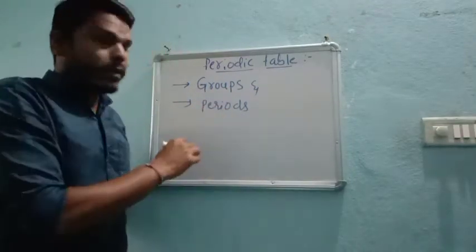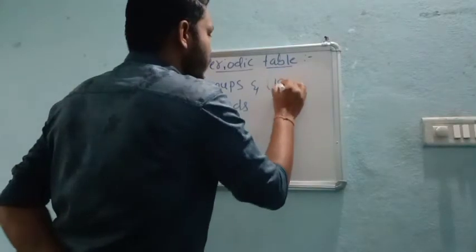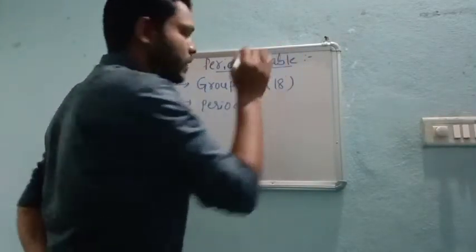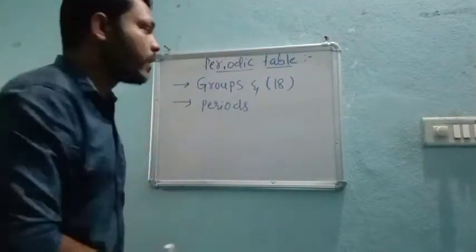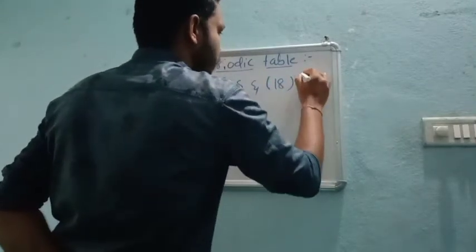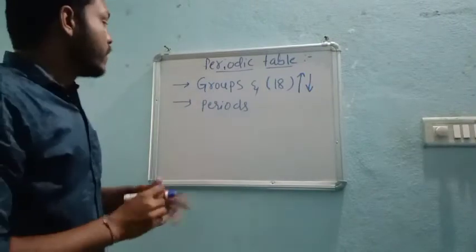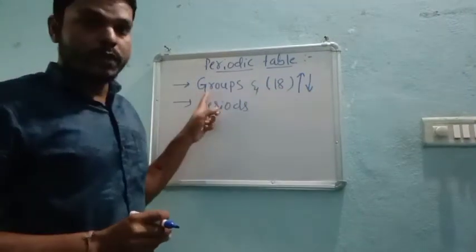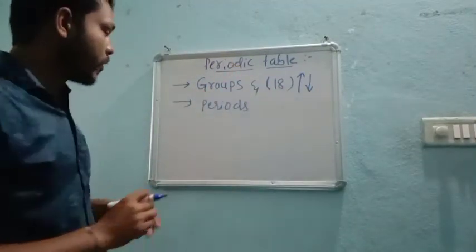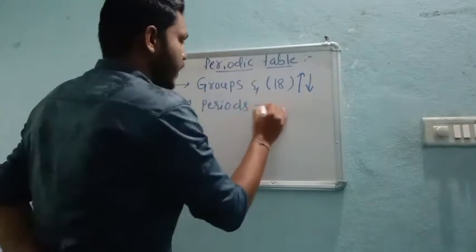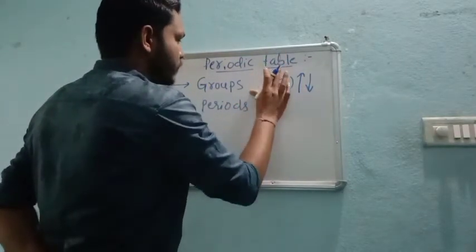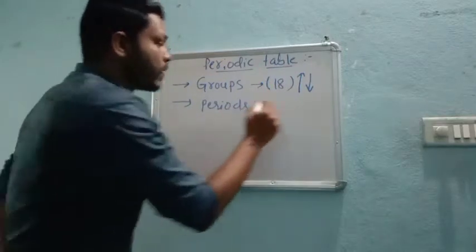In a periodic table, there are 18 groups. There are 18 vertical lines, from up to down. There are 18 groups in the periodic table, and there are 7 periods.